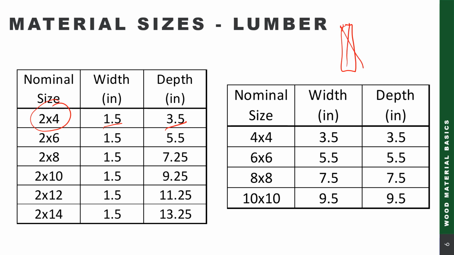We would actually trim a little bit off of the top, a little bit off of the bottom, a little bit off of this side, a little bit off of this side, and that would leave me with this being 1.5 inches and this side being 3.5 inches. As you can see in some of the deeper depths, like a 2x14, while it's still 1.5 inches in the narrow face, the wider face, given some more irregularity with a member of that depth, would actually have 3/4 inch taken off instead of 1/2 inch.